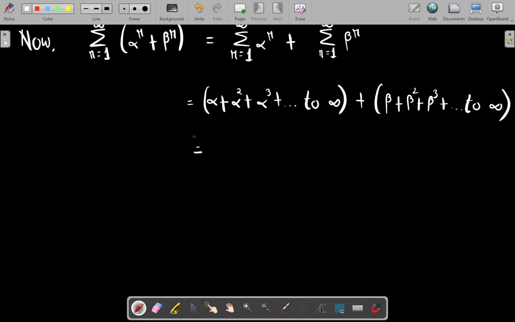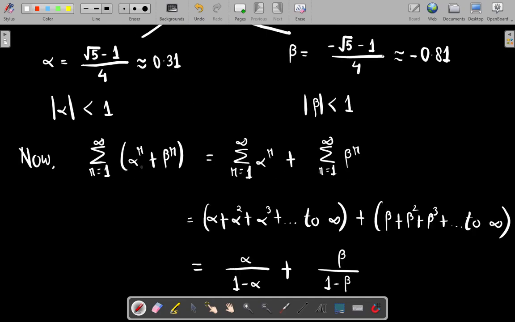So both of these infinite sums are convergent. The first term is alpha and the common ratio is also alpha, so this becomes alpha upon 1 minus alpha, plus the second sum, which becomes beta upon 1 minus beta. This is the value of this expression.